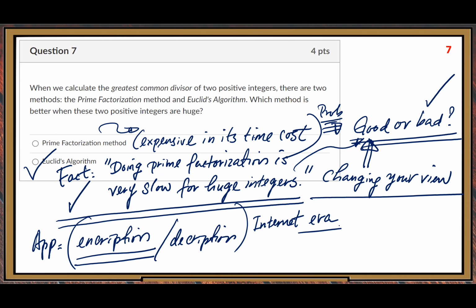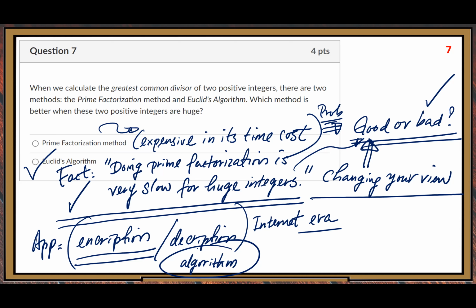Otherwise, how do you protect a large amount of sensitive data? It's scary. So people need to develop encryption algorithms, and it is non-trivial. How can you make a strong algorithm to protect your data?